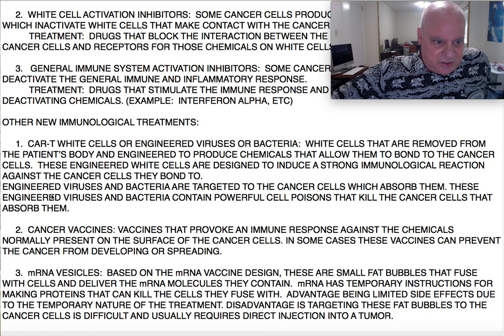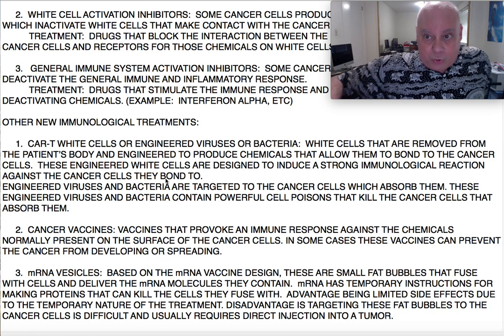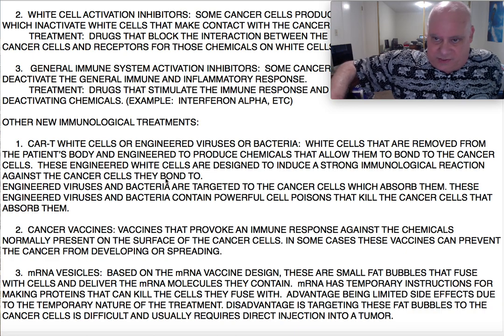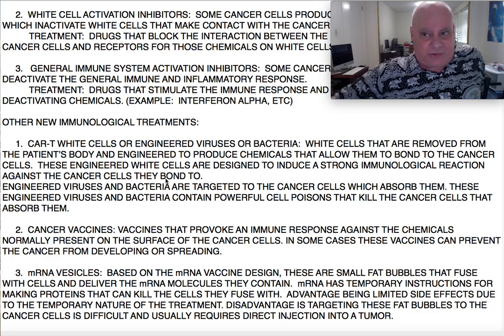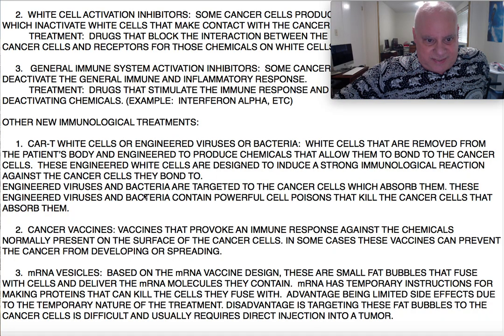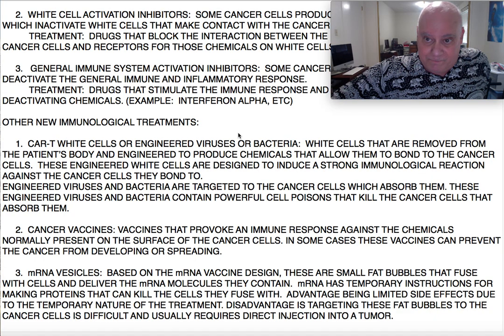Whereas the viruses and bacteria and engineered white cells here, they only bond to cancer cells. And so they will only deliver those toxins directly to the cancer cells. And since the toxins here are not being delivered to healthy tissue, the side effects are pretty minimal in most cases for these kinds of treatments.